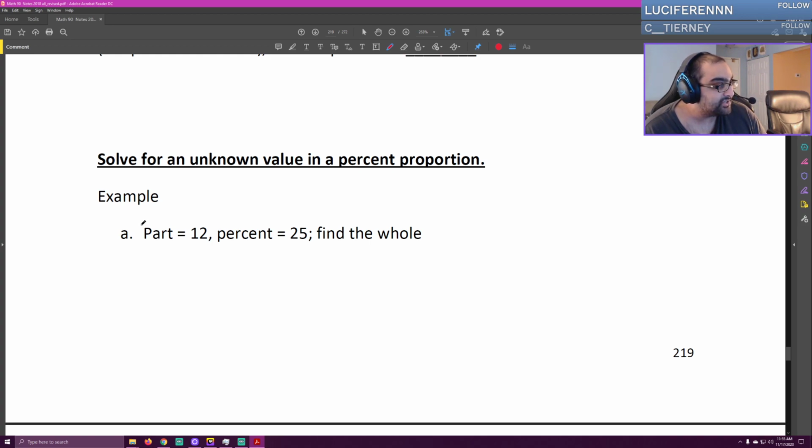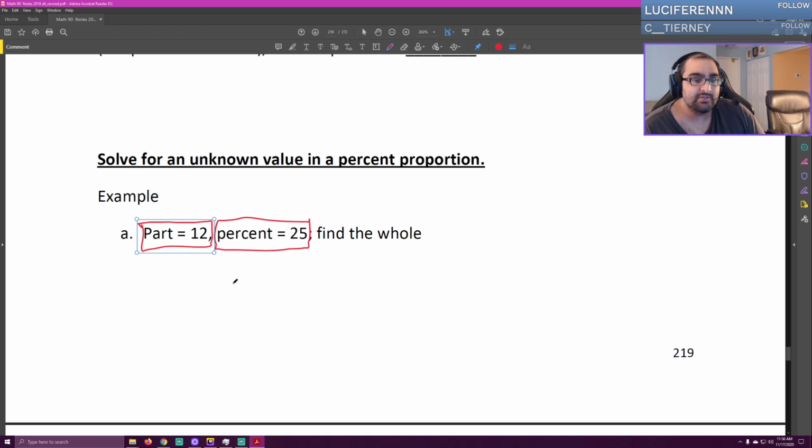Letter A gives us part equal to 12, percent equal to 25, and it says find the whole. All right, so we're given a part of 12, a percent of 25. We want to find the whole. So what is this whole part that we're talking about?